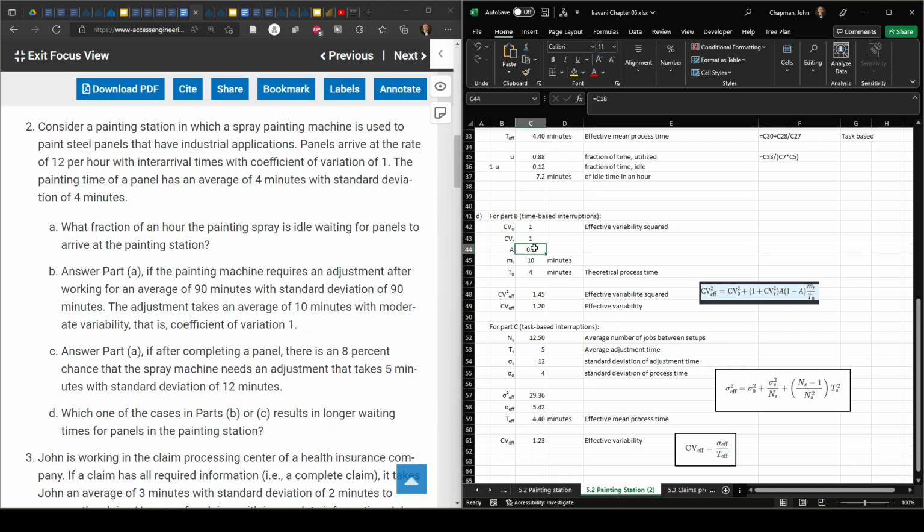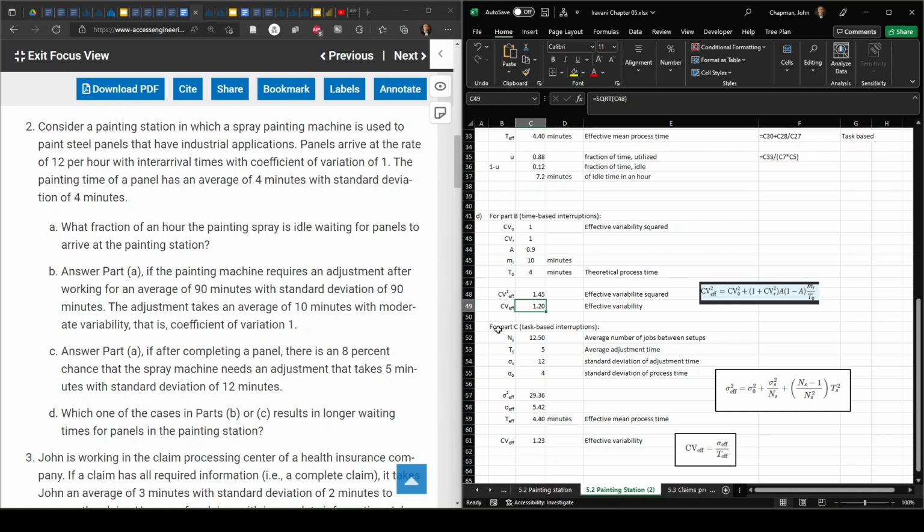We have the availability. We have the repair time, which on average is 10 minutes, and we have the theoretical process time. Those are all the inputs that we need following this formula right here to calculate the effective variability squared, which is 1.45. We do the square root of that number to calculate what the effective variability is for time-based interruptions for part B, and that is 1.2.